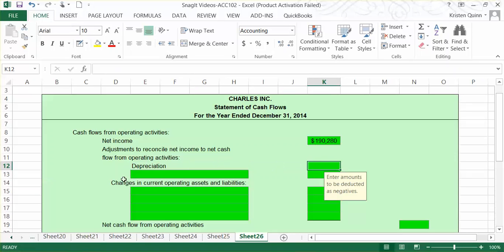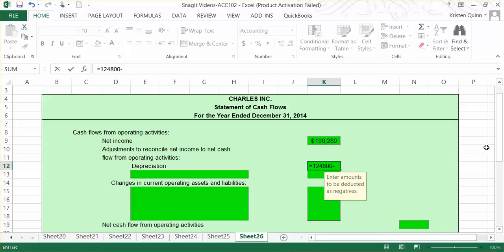Therefore, there was an increase of $13,800, which represents the depreciation expense that was recorded on the income statement. Remember, we're adding back in the depreciation expense because there was no cash effect.